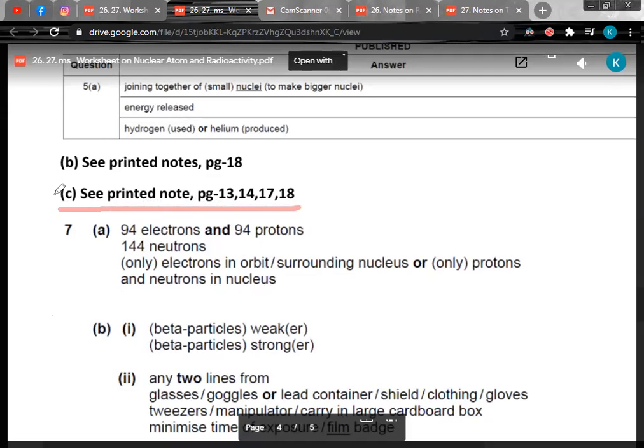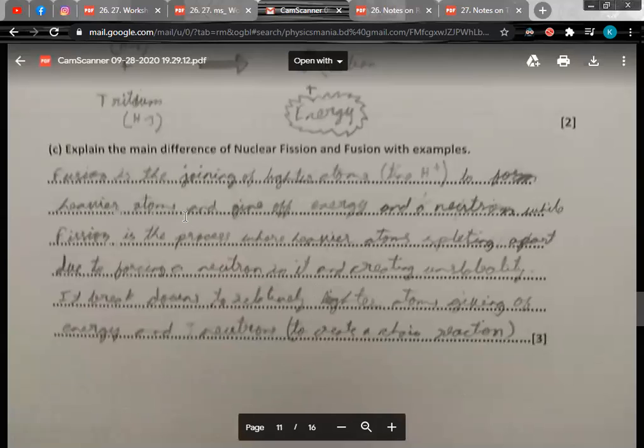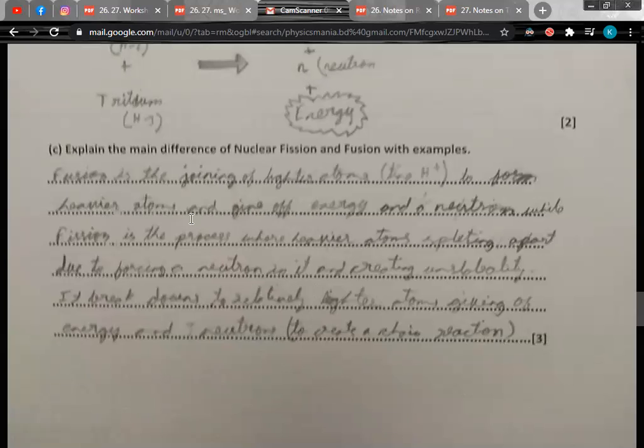Okay, so it's not there. Then we can now do it by ourselves. Go there. So what did you write? Can you read? Yes, sir. I wrote: fusion is the joining of light atoms.